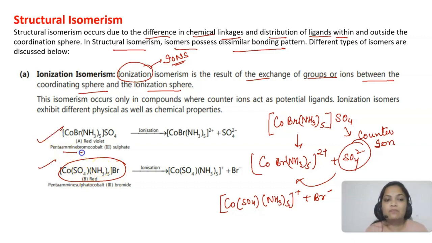Here you had pentaamminebromocobalt(III) sulfate, and here you have pentaamminesulfatocobalt(III) bromide. The formula is the same: 5 ammine ligands, 1 sulfate, 1 bromine. It's just that in the first case sulfate is the counter ion and here bromide is the counter ion. So there is an exchange of ions, the difference is in the counter ion. That's why we call it ionization isomerism.